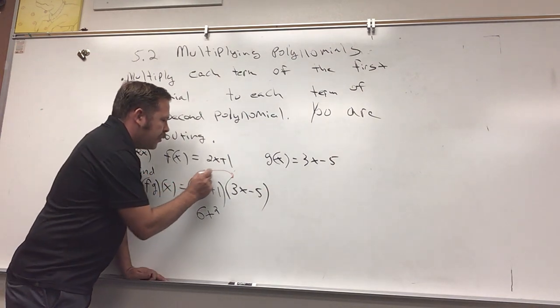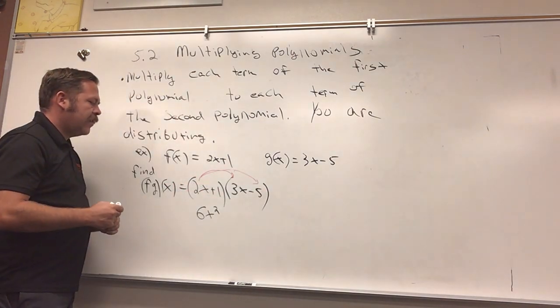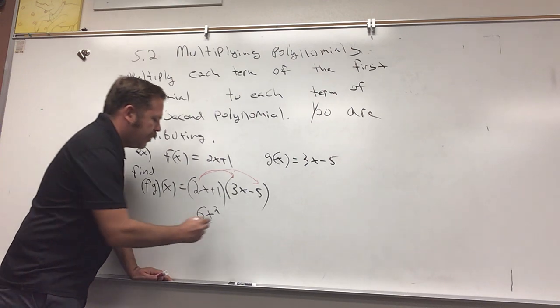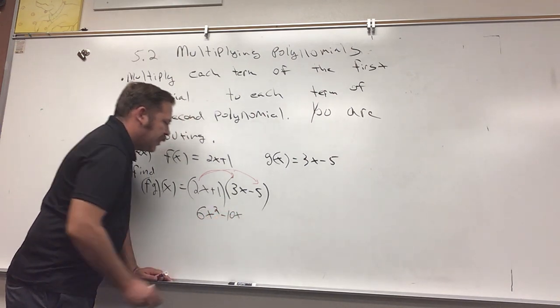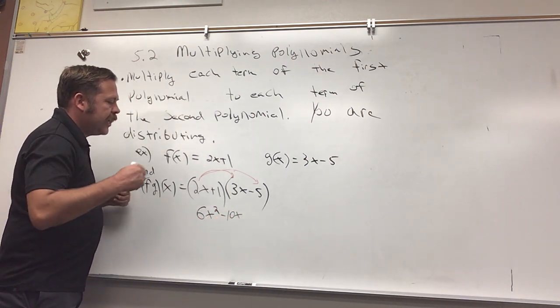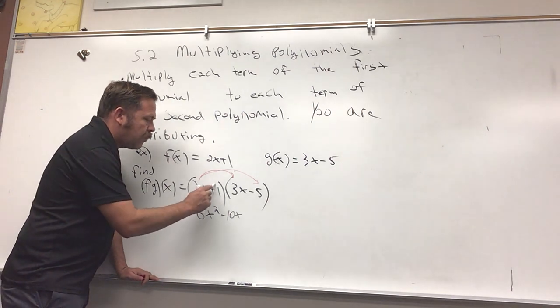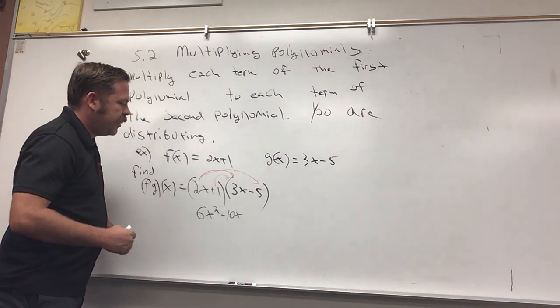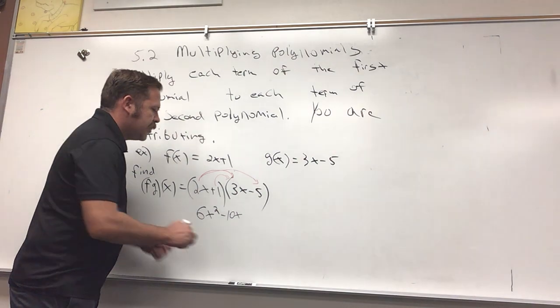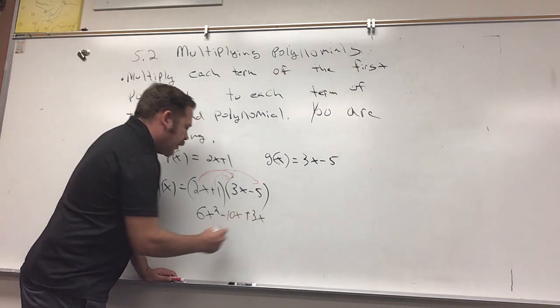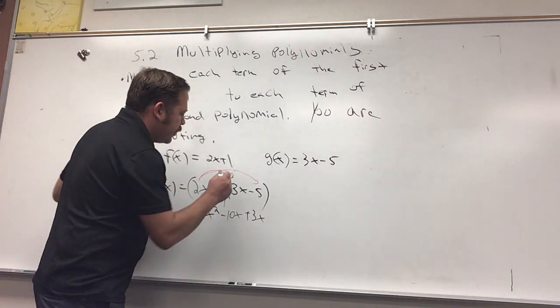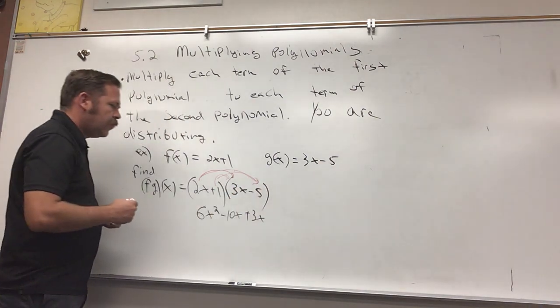And then 2x times negative 5, well, that would be minus 10x. And then we're going to take the second term in the first binomial, the 1, multiply it to the 3, so that would be plus 3x. And then 1 times the negative 5 would be minus 5.